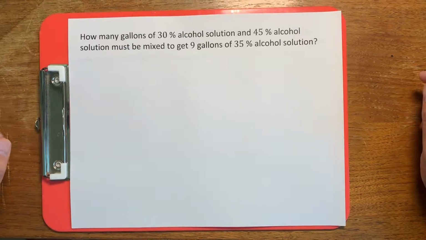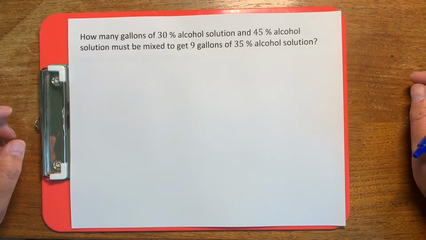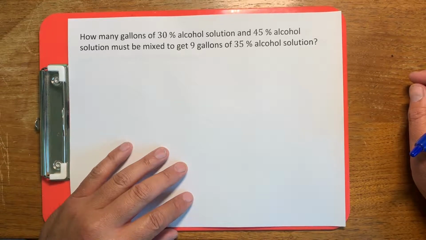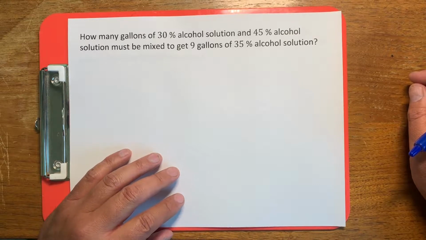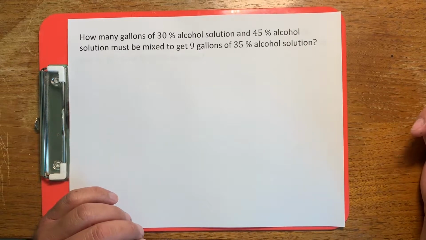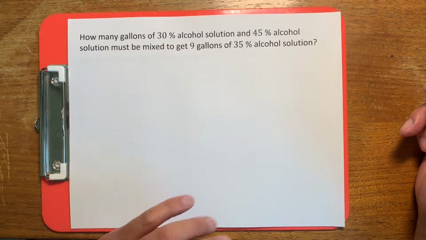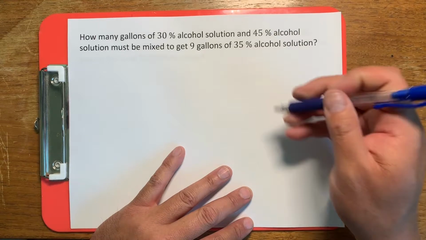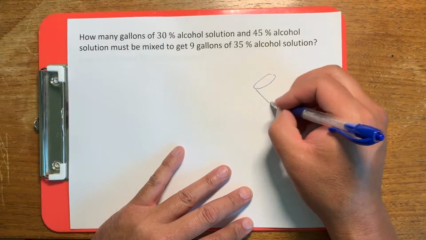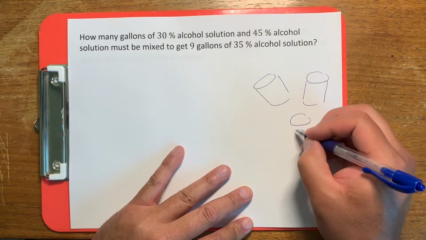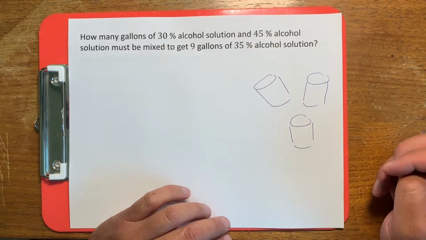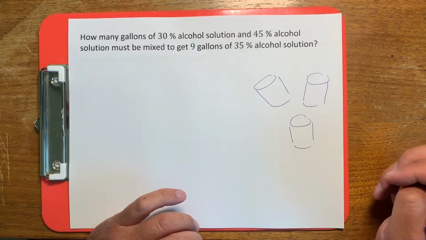So let's take a look at this problem. How many gallons of 30% alcohol solution and 45% alcohol solution must be mixed to get 9 gallons of 35% alcohol solution? So what we have here is we have two types of solutions with different dilutions of alcohol.